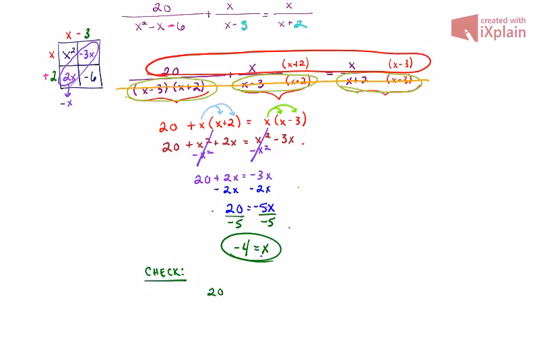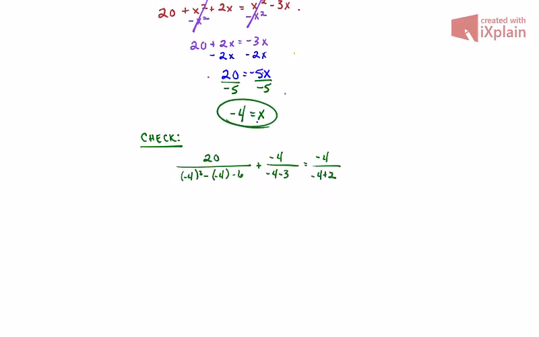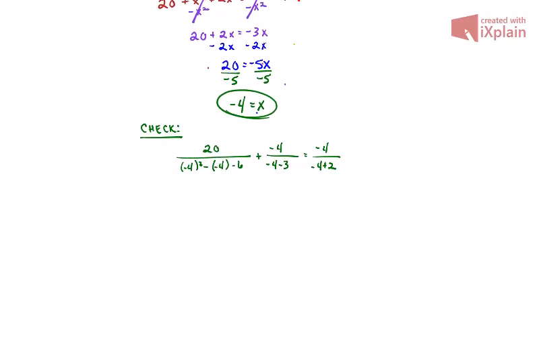But if we come back over here and we put a negative 4x squared minus a negative 4x minus 6 plus negative 4 over negative 4 minus 3 is equal to negative 4 over negative 4 plus 2. So what I'm doing is I'm just double checking to make sure that my work is correct and accurate, that x really should be equal to negative 4. If that is the case, then I should get a true statement.